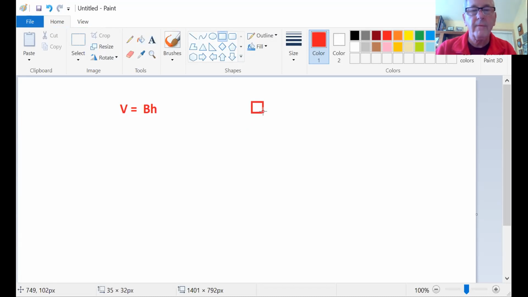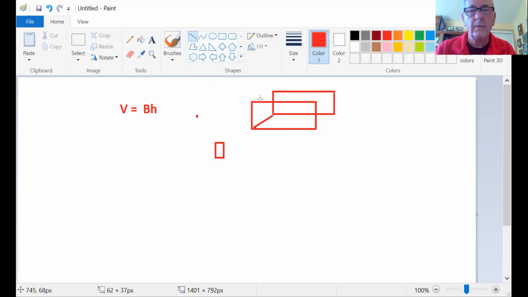So if we have that's the base, and then we have another one. I don't know if I can do one over it like that. I don't know if this helps or not. Maybe, okay. Oh, look at that. There we go. I knew we could figure it out.